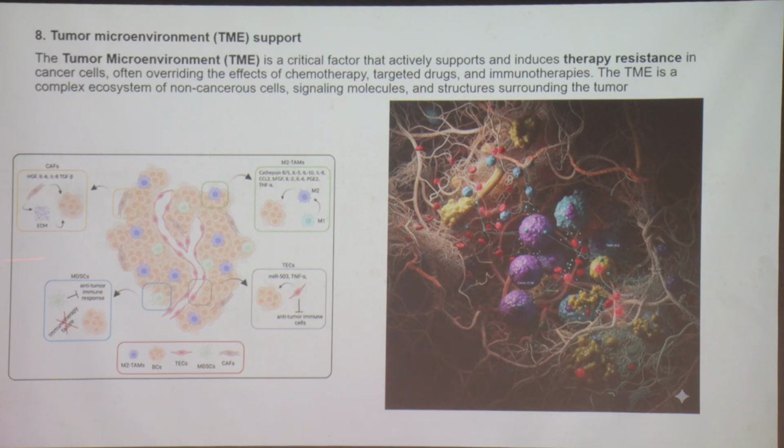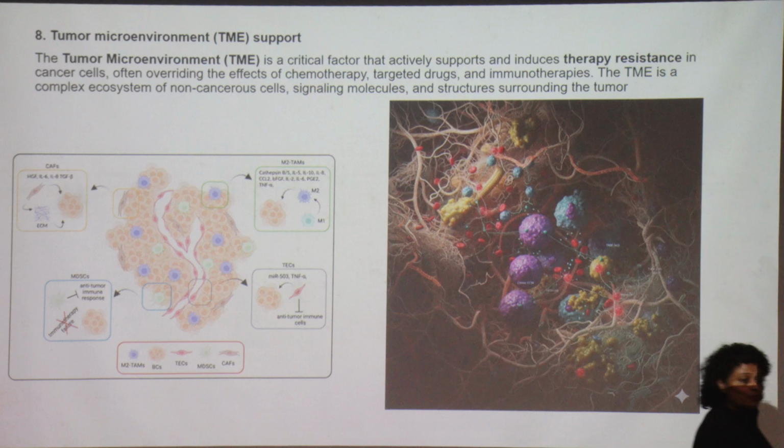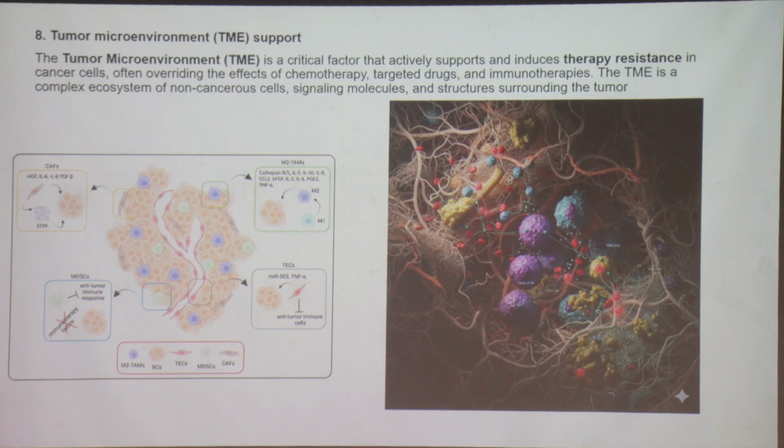Okay, so now let's look at the tumor environment. So look at this part here, okay? So what this is telling you is that there are many different kinds of cells present in the tumor microenvironment. This is a picture I generated using AI. AI always messes up the picture, but it was still beautiful enough for me to put it here.